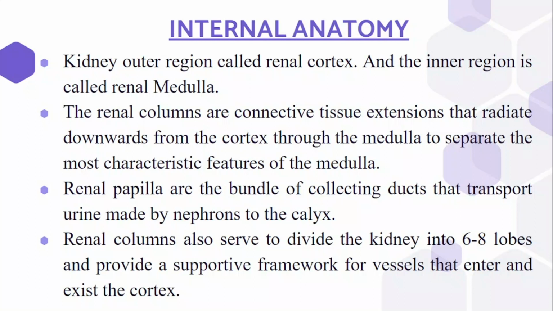Renal papillae are bundles of collecting ducts that transport urine made by the nephrons to the calyx. Renal columns also serve to divide the kidney into 6 to 8 lobes and provide a supportive framework for vessels that enter and exit the cortex. Clear?